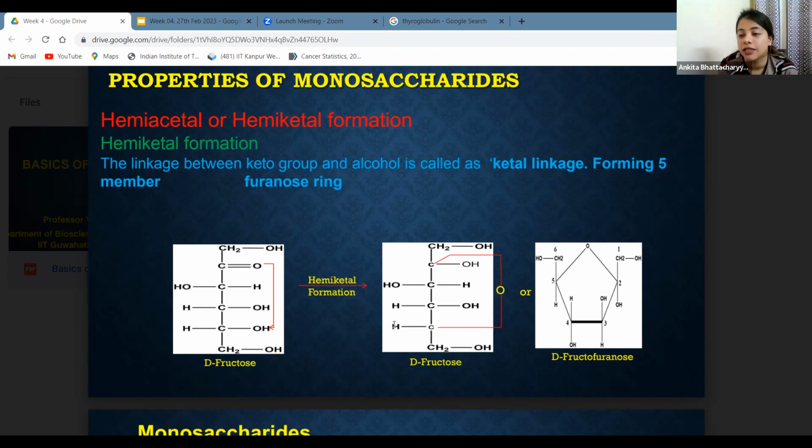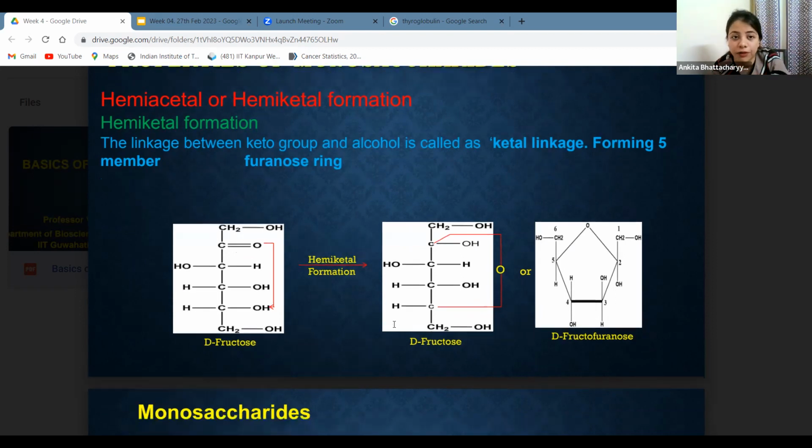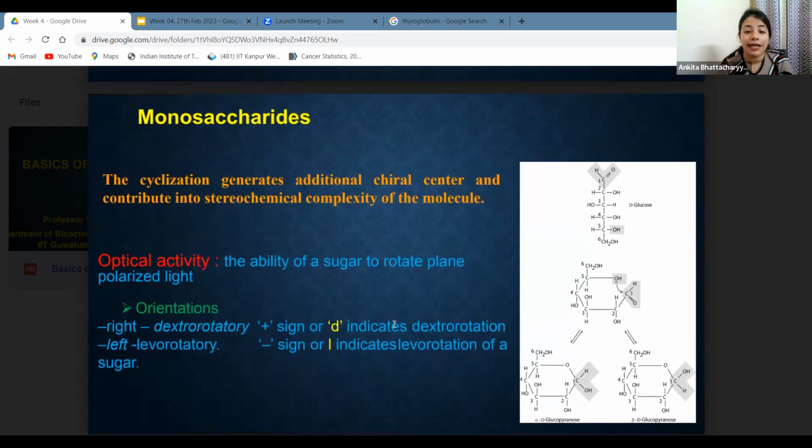In the aldehyde case there was one more carbon, but in the hemiketal case there is one less carbon, so you have the five-membered furanose ring, like the fructofuranose ring that would be formed here. Now, the cyclization is generating an additional chiral center.